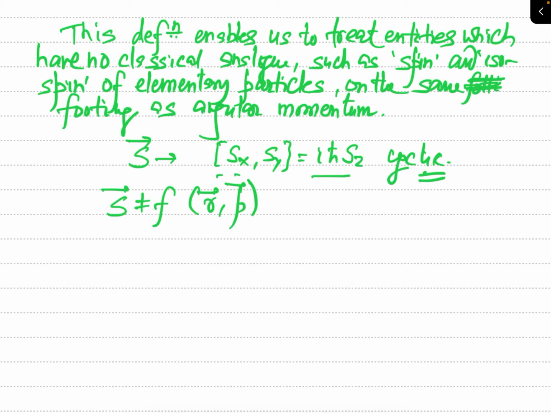So I hope it is clear to you that the concept of angular momentum is not limited to the orbital angular momentum in quantum mechanics, but it finds a generalized definition in quantum mechanics. Any set of Hermitian operators which obey the commutation relations like this, you can say that those operators are angular momentum operators.